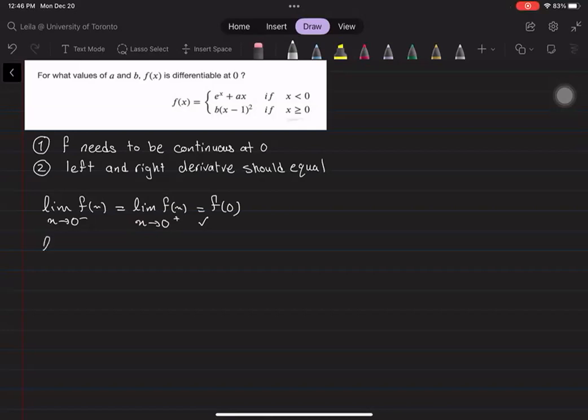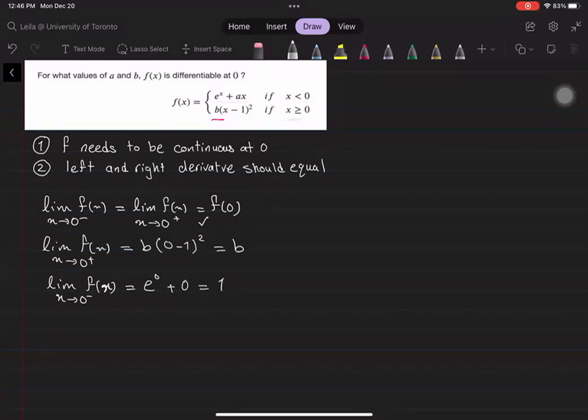So the limit of f of x. This one is the second formula. So you have b times 0 minus 1 squared, which is just b. And then the second one is the limit of f of x, so you have e to the power of 0 plus, that's just going to be 0, so you have 1.